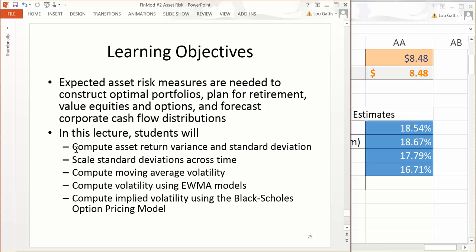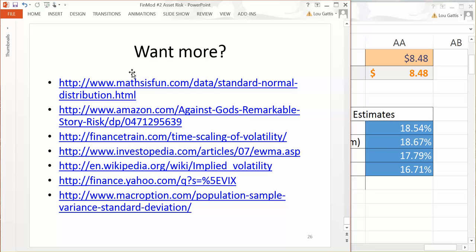And we did that by looking at historical values, scaled historical values using the square root of time rule for volatility, computed moving average volatilities, EWMA, and Black-Scholes implied. If you want some more information, here are some good links on, say, the standard normal distribution, the book I mentioned, Against the Gods, time scaling of volatility, and so on.